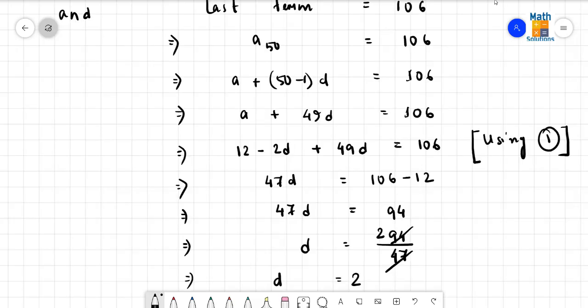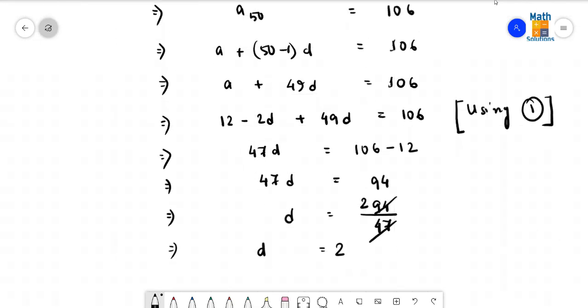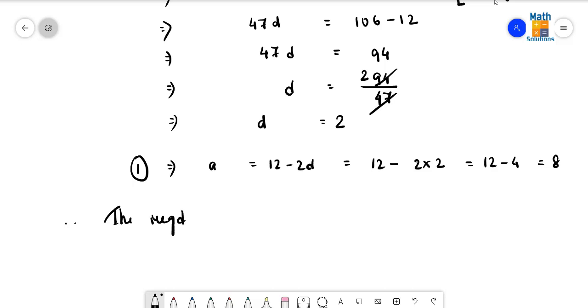Now for getting the value of a, of course I have to use the first condition, this equation a is equal to 12 minus 2d. So 1 implies a equals 12 minus 2d, that is equal to 12 minus 2 into 2. So 12 minus 4, the result comes as 8. So the value of a I got as 8. Therefore the required 29th term is equal to a29.